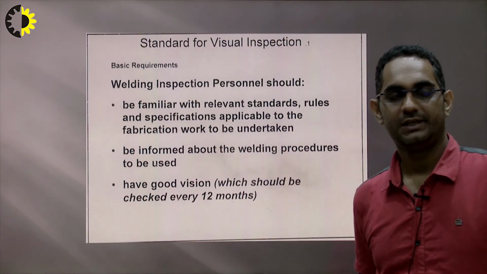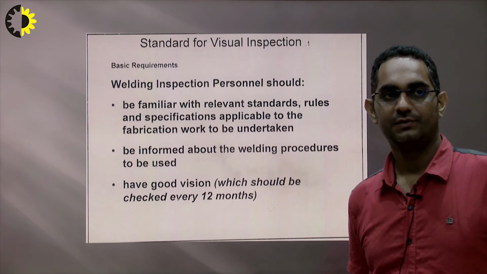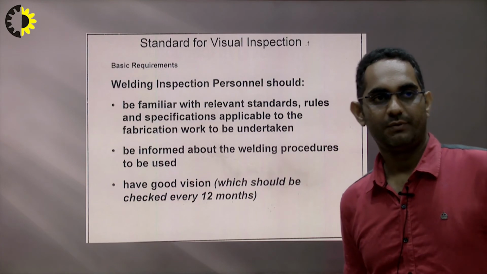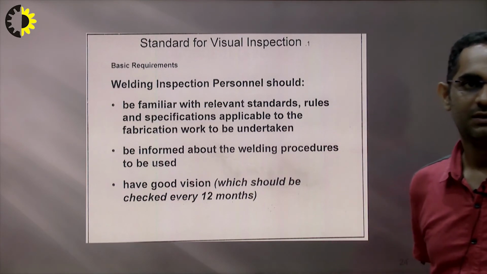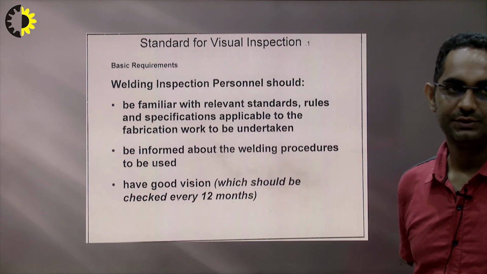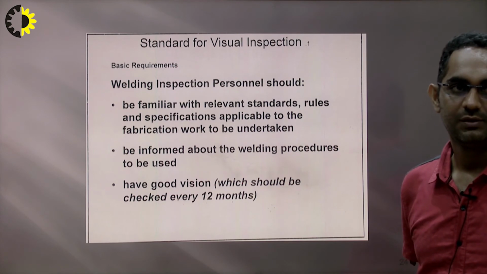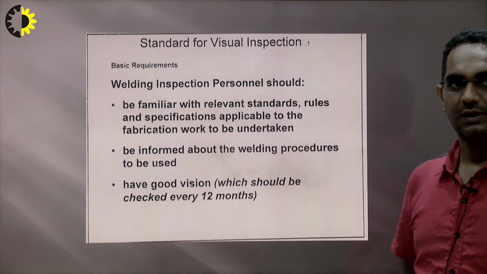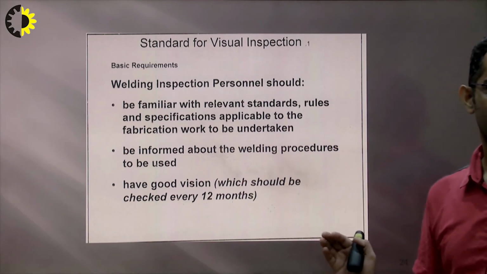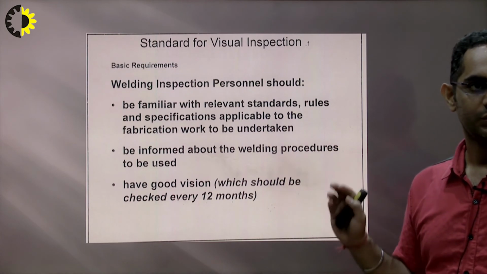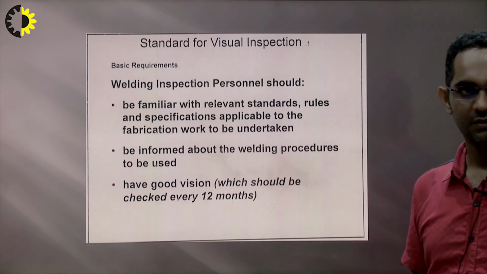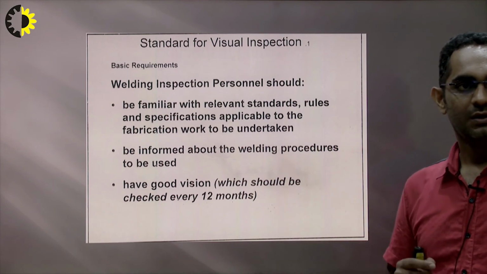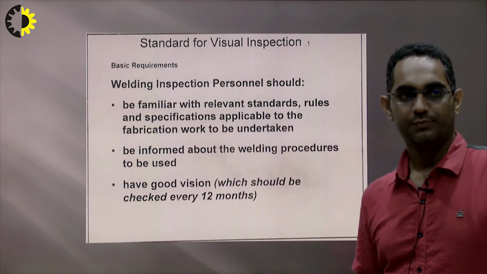Next is the standard for visual inspection. Welding inspection personnel should be familiar with relevant standards, rules and specifications applicable to the fabrication work to be undertaken. They should also be informed about the welding procedure to be used.